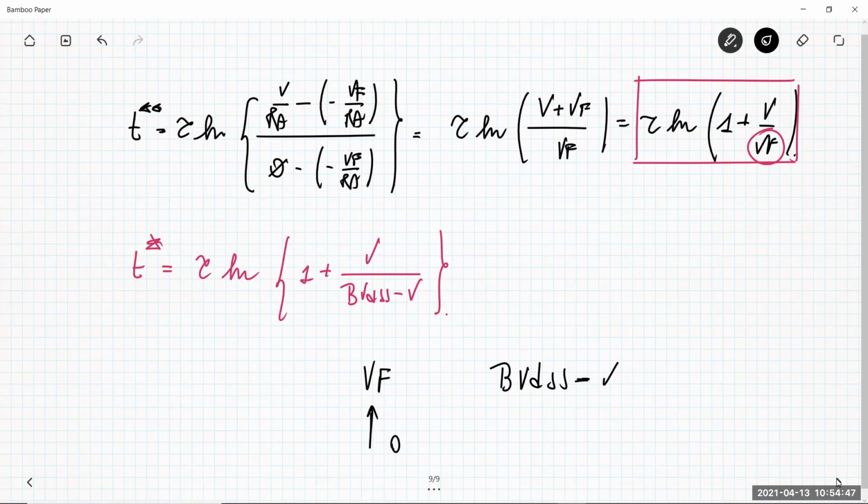VF is the on or the forward voltage drop of the diode D. Okay, while this is the difference between the breakdown voltage, which is specified for the MOSFET you are choosing, and the supply voltage. Okay, and this quantity here can be any value which is large enough to have safe operation.